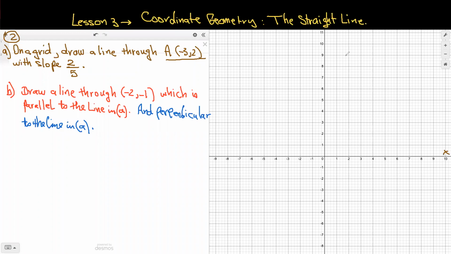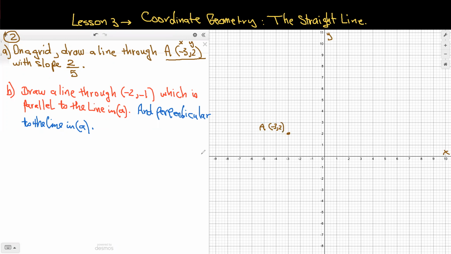This is x, this is y, and every point is always xy. The first number in a coordinate is x and the second number is y. So you go to -3 on the x, and then you go up 2 on the y, and that's where your point is. So that's A, which is -3 and 2.